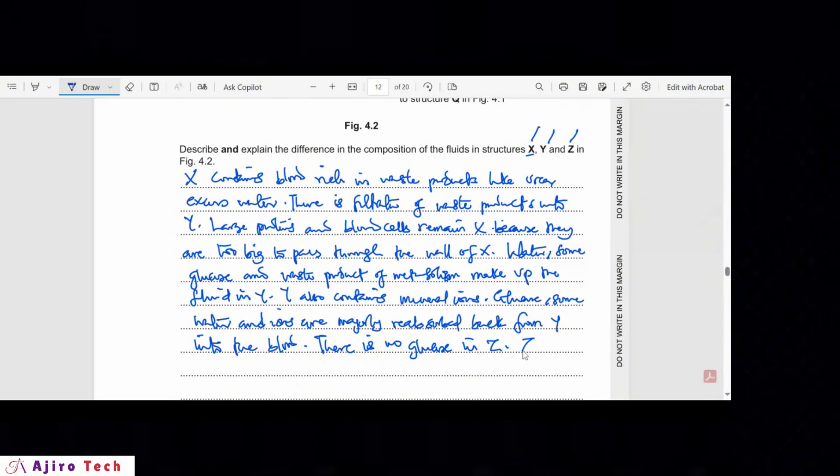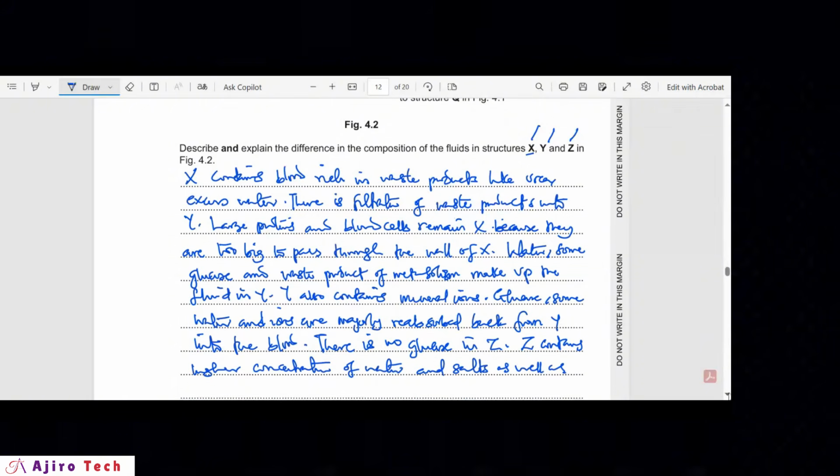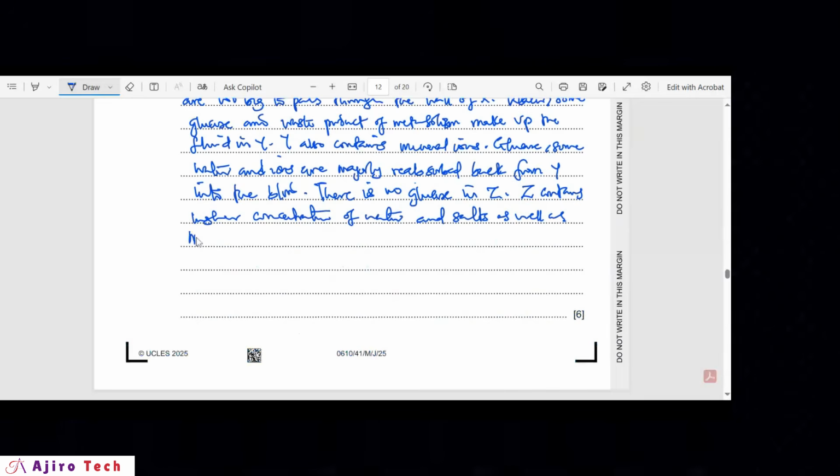Or we can say Z contains a higher concentration of water and salts, as well as metabolic waste like urea.